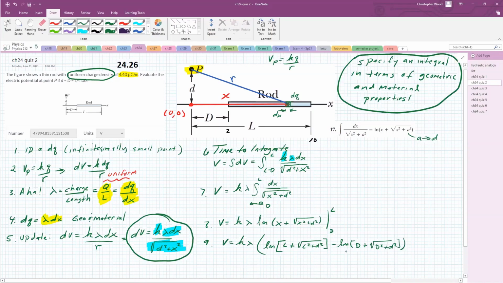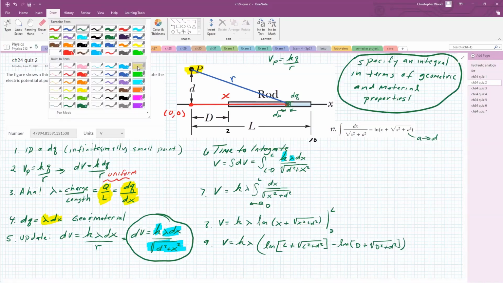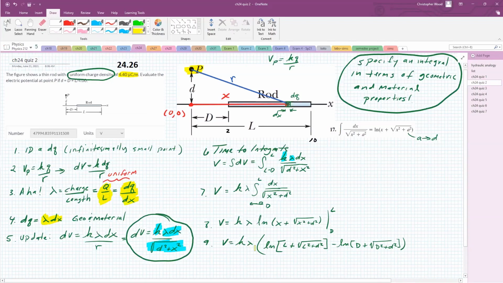Okay. Let me check that. K lambda, natural log of L plus root of L squared plus d squared, minus natural log of D plus root of D squared plus d squared.